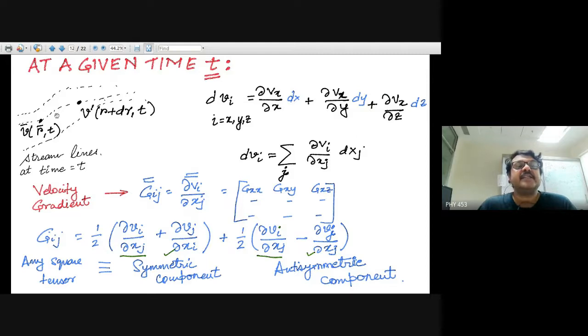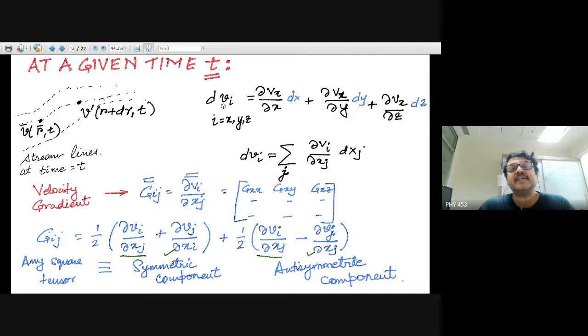Then the change in the velocity field dvi, i being suppose the x component, but in general, i could be x, y, z. But let's suppose the x component, then we can talk about how the x component of the velocity is changing in the x direction, how the x component of the velocity is changing in y, and how the x component of the velocity vector is changing in the z direction.